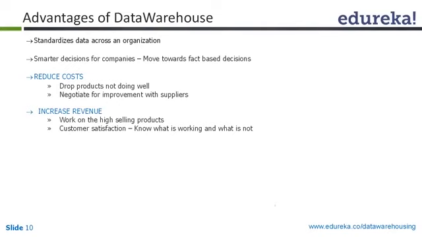Negotiate for improvement with suppliers. I gave you an example of procurement and how it provides a strategic negotiating power to the company to negotiate better. Increase in revenue, work on high selling products. Again, going back to the supermarket example, customer satisfaction. And in the example that I gave, I said that it is one of the main reasons, because it is very important for a company to know what is working and what is not working.